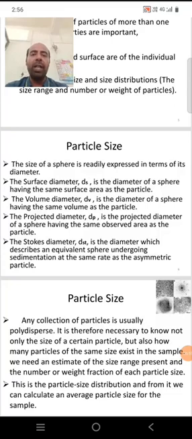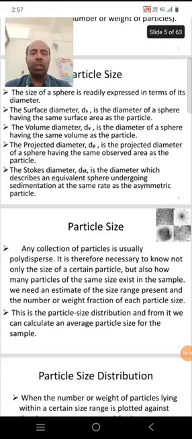The volume diameter, denoted by dv, is the diameter of a sphere having the same volume as the particle. The projected diameter, denoted by dp, is the diameter of a sphere having the same observed area as the particle. The Stokes diameter, denoted by dst, is the diameter of an equivalent sphere undergoing sedimentation at the same rate as the asymmetric particle.